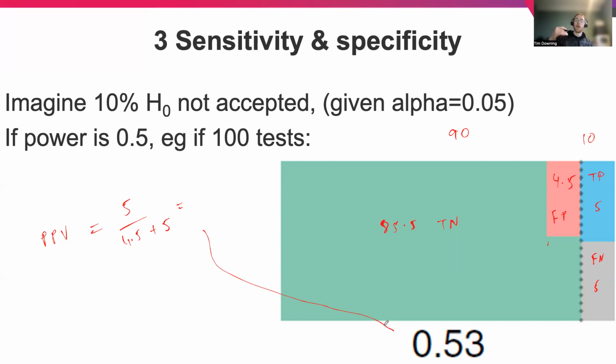So even if something tests positive in this context, there's only a 53% chance that it is truly positive. So you can see how when we actually apply this to more realistic scientific experiments, our capacity to detect things is very much a function of power, and that's quite important to note.